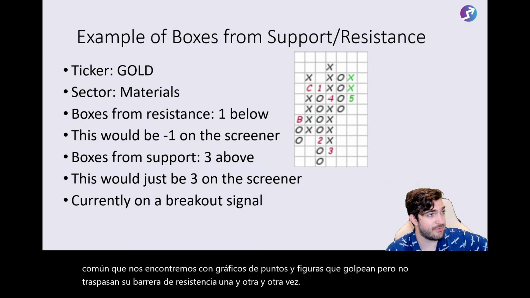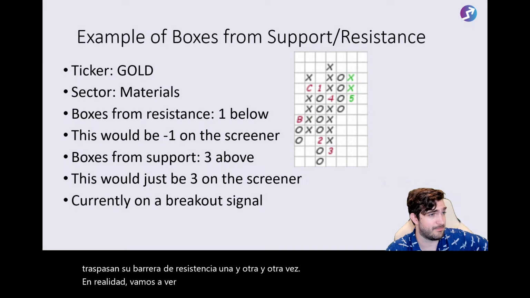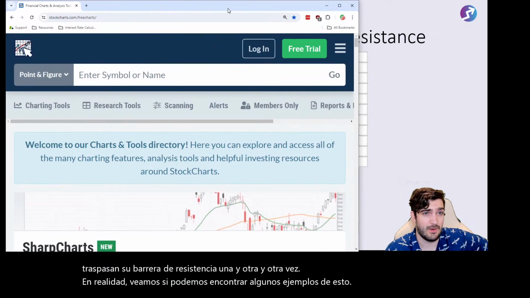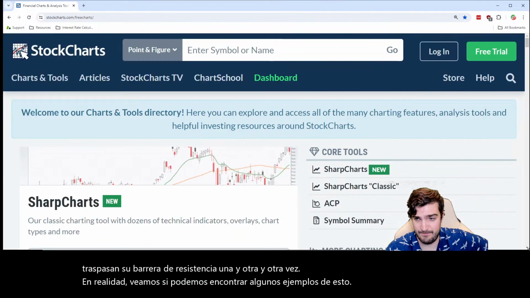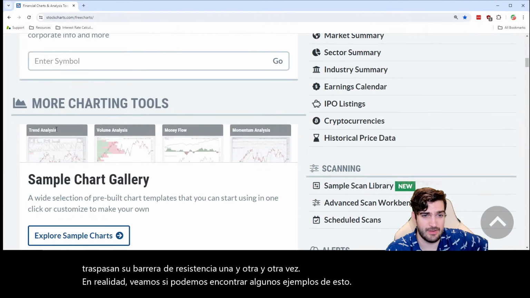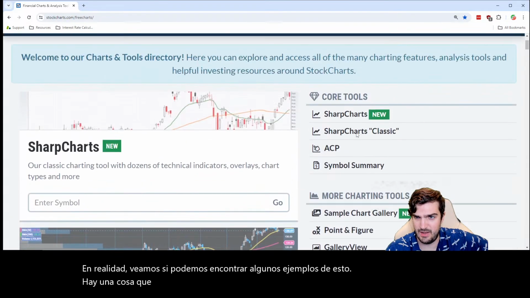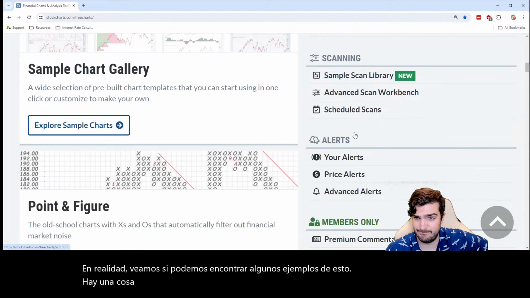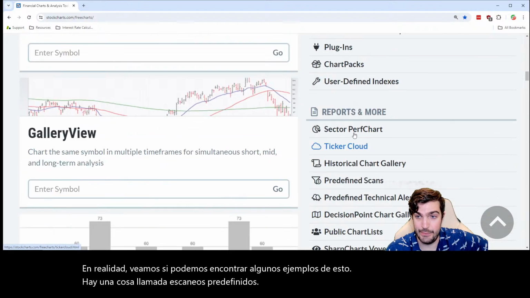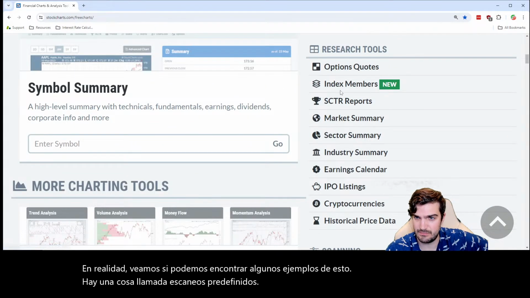Actually, let's see if we can find a few examples of this. Over on stock charts, there is a thing called predefined scans. Hello? There's predefined scans.